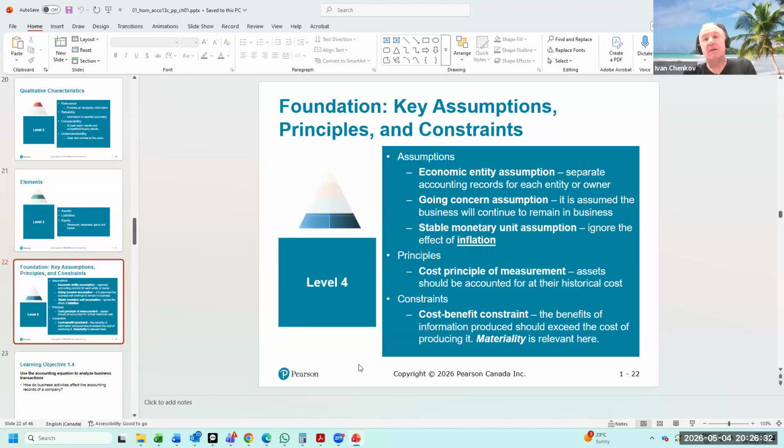Materiality. What is materiality? What is material? In order for you to understand materiality, I'm going to use the simple example I used today in class. Imagine for a second that we're not online, we're in the classroom, and after the lecture you're going back home.